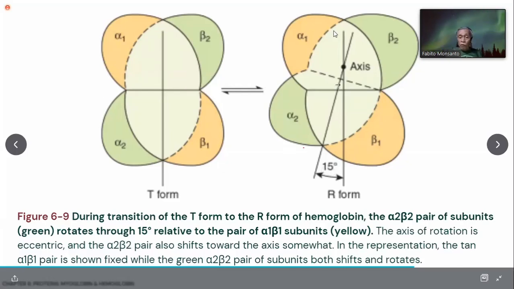So there are 2 forms. This one is deoxygenated, or what we call T form, tense or taut form. Once oxygen comes in, there is a movement of 15 degrees, and we call that the R form or relax form. Okay? You see the difference now? So what is the implication of this movement?